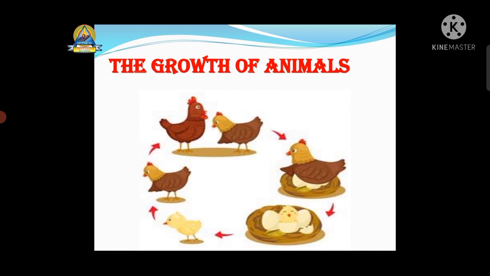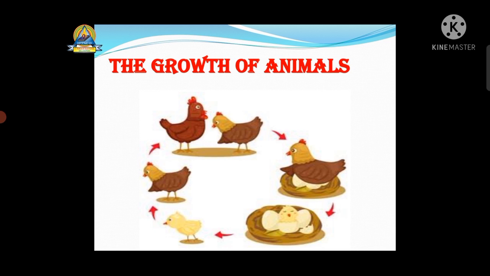When a hen is hatching her eggs, she becomes very aggressive for fear for their safety. She attacks anyone who tries to go near the eggs, and that is why we must be very careful.